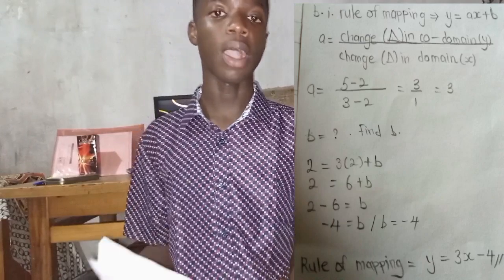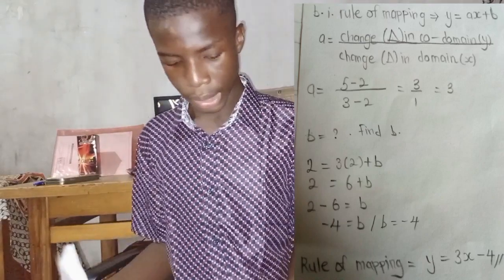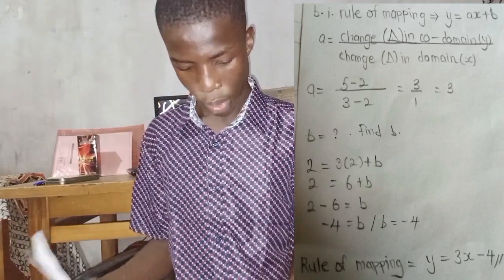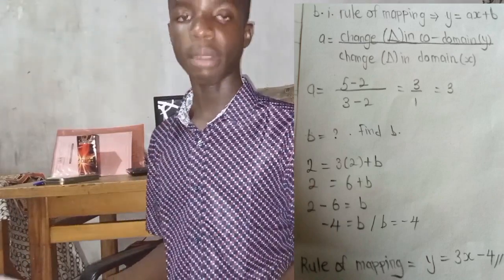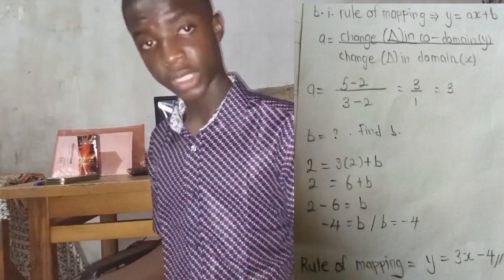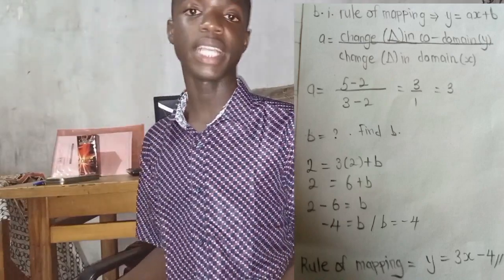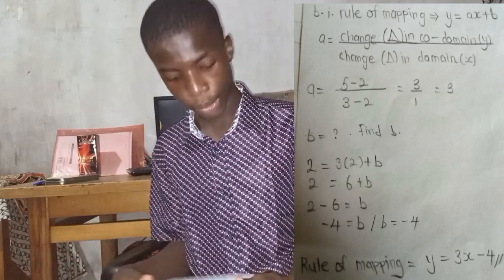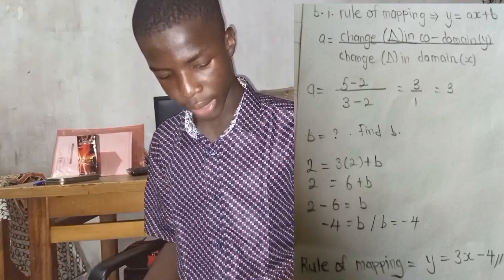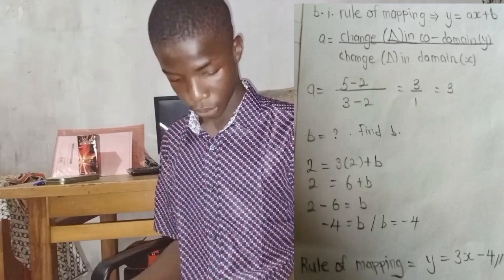So now we look for our b. We take a pair from x and y, a number from x and y, and put it inside. Wherever we see x, we put x over there, and wherever we see y, we put y over there. So I choose to take 2 maps to 2.